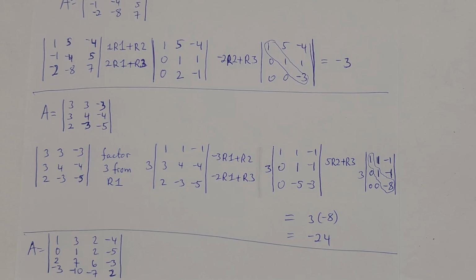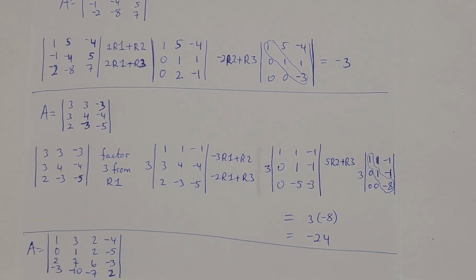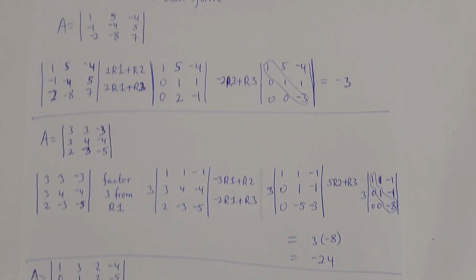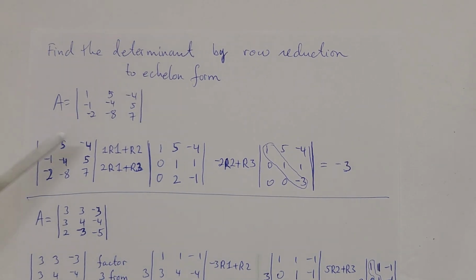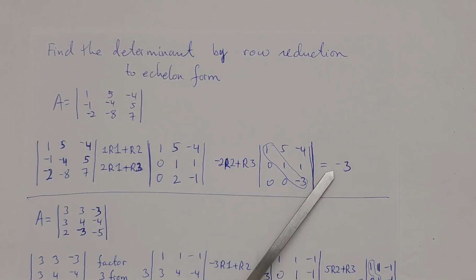The second example is row reduction with a factor and scalar. The last example is row reduction with switching the rows or columns. So be very careful when finding the determinant using row reductions. The first rule: it does not change the result, the answer.